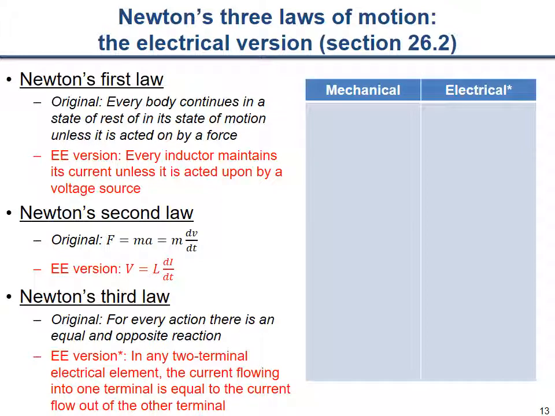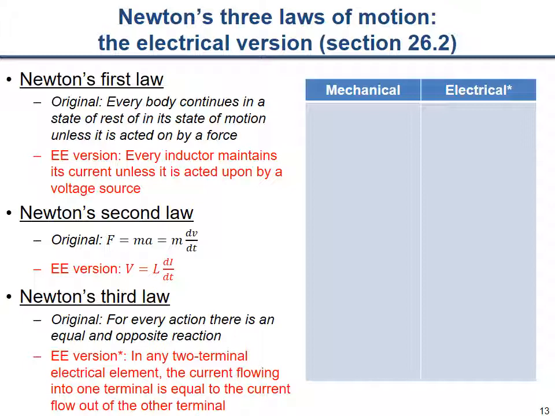So what I'd like to do here is try to create an analogy of the mechanical behavior of the heart into an electrical analogy. To do this, I'm going to describe Newton's 3 laws of motion, the electrical version.